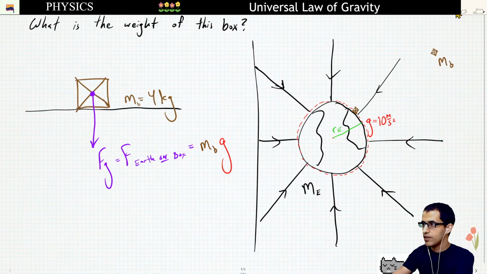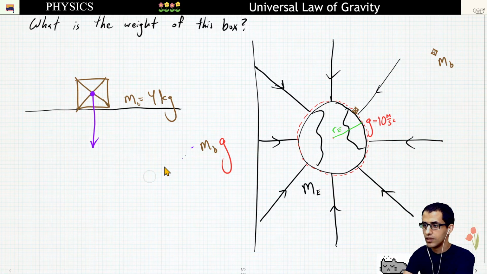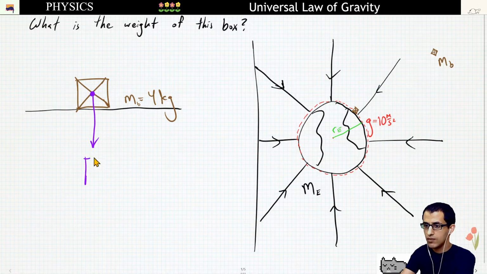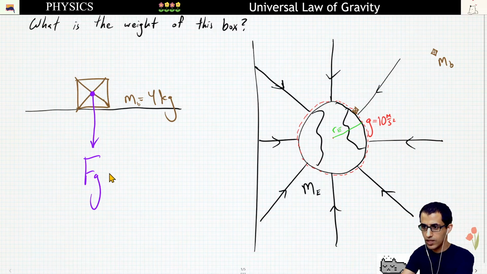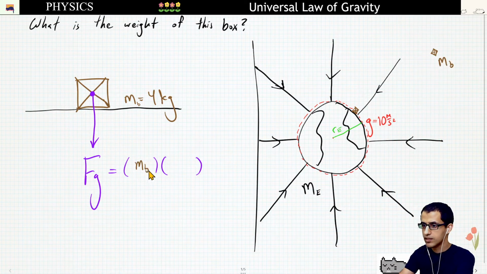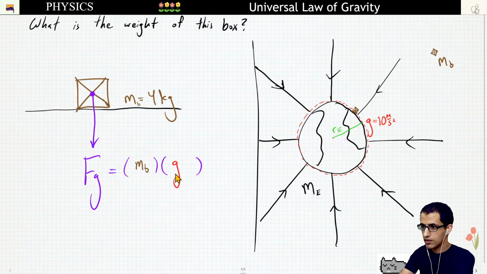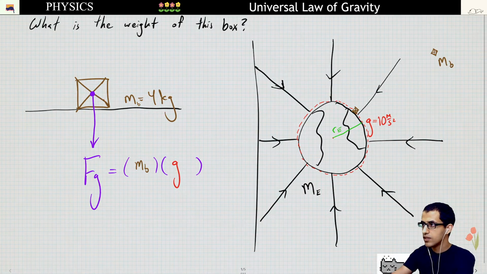So now I can plug in values here. Let me rewrite the equation a bit better here. So we're interested in what is the force of gravity, in other words, the weight. So we multiply the two values, the mass of our box, multiplied by the value of the g field that it's in. And so that's going to be the gravitational field of the Earth at the surface.